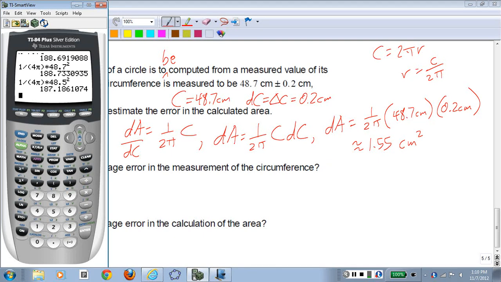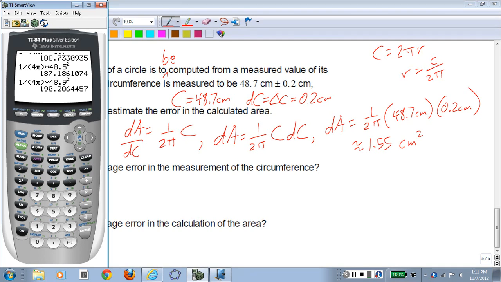Looks like it. And what if we were too low, and it's actually as much as 48.9 centimeters for the circumference. If we compare that to the top value on the screen, is that in the neighborhood of 1.55 square centimeters greater than that? Yeah. So it looks like if it's actually 48.5 or it's actually 48.9, we're going to be off by no more than about 1.55 square centimeters.